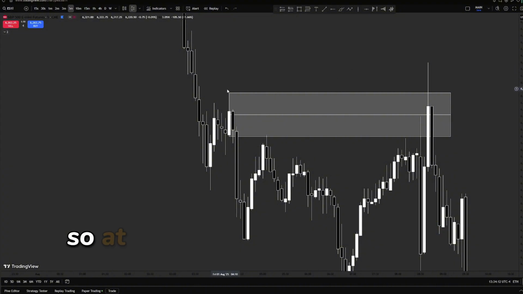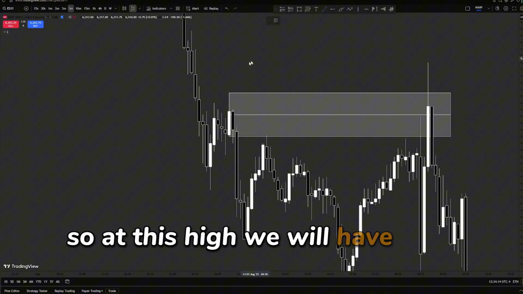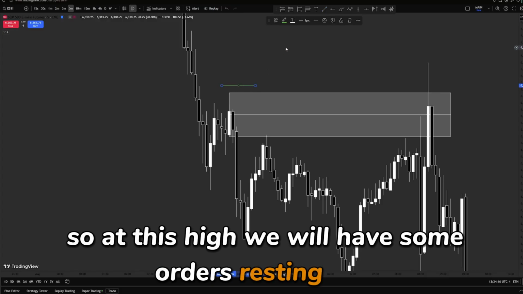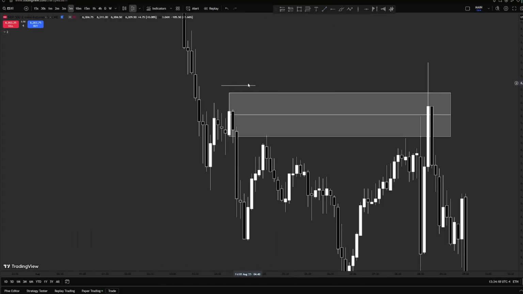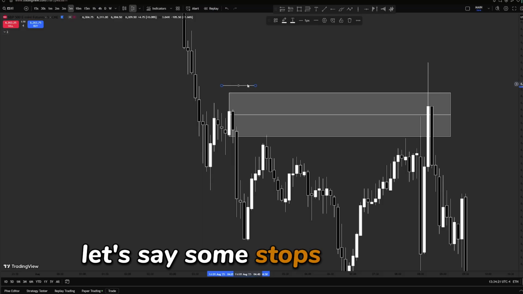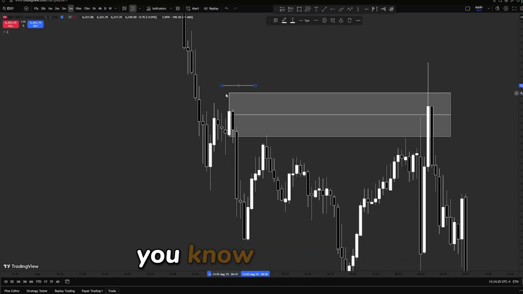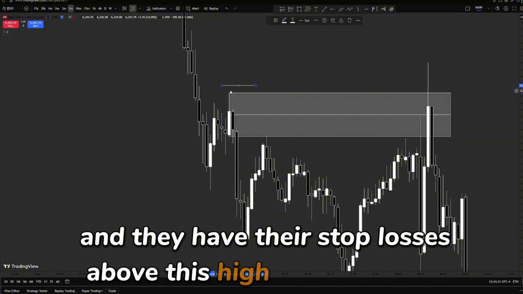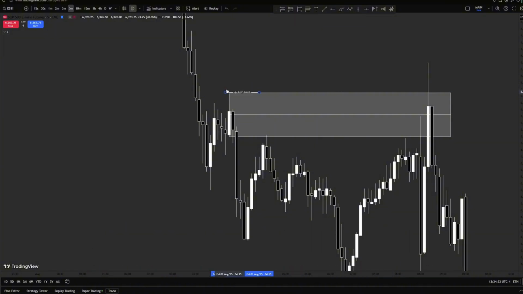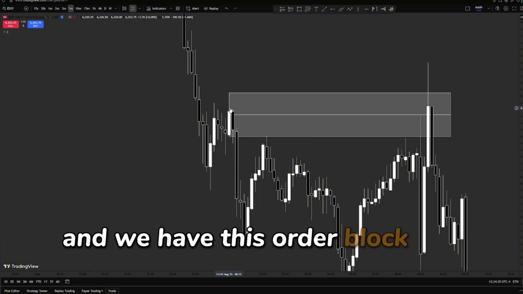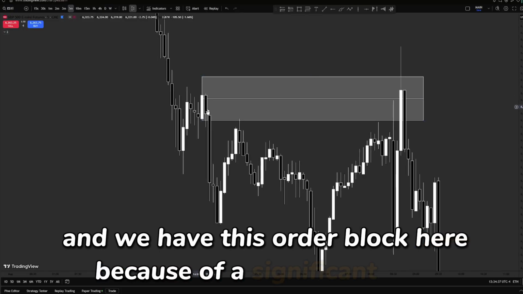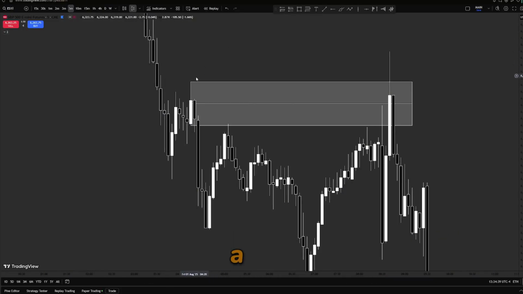So, at this high, we will have some orders resting here. Let's say some stops, I guess. People have entered off this downtrend, like we said, sellers push the price down and they have their stop losses above this high or on this high. And we have this order block here because of a significant price drop.